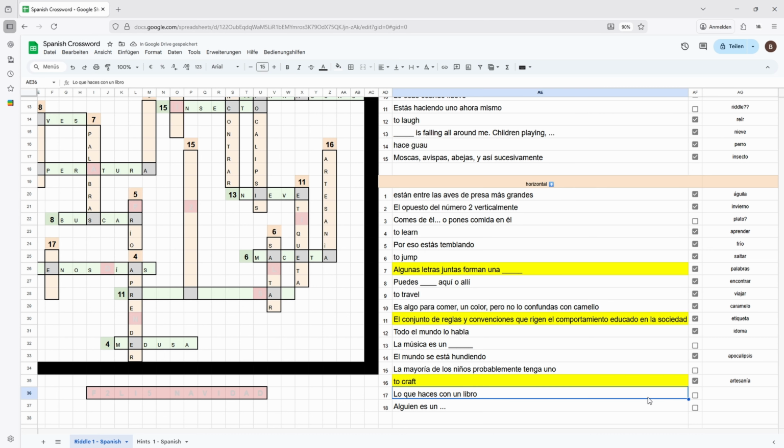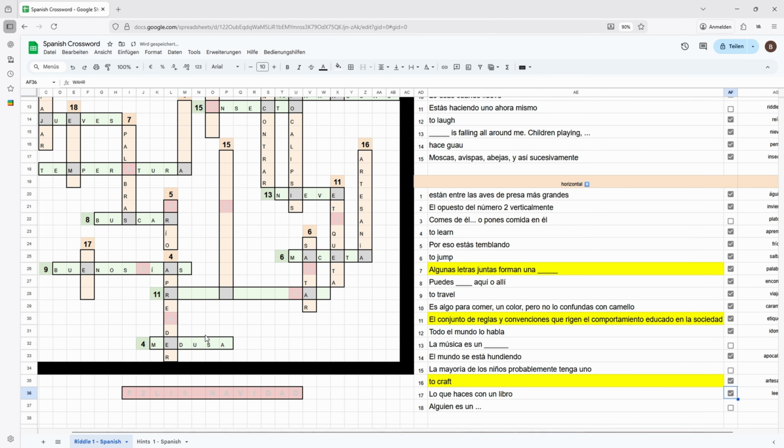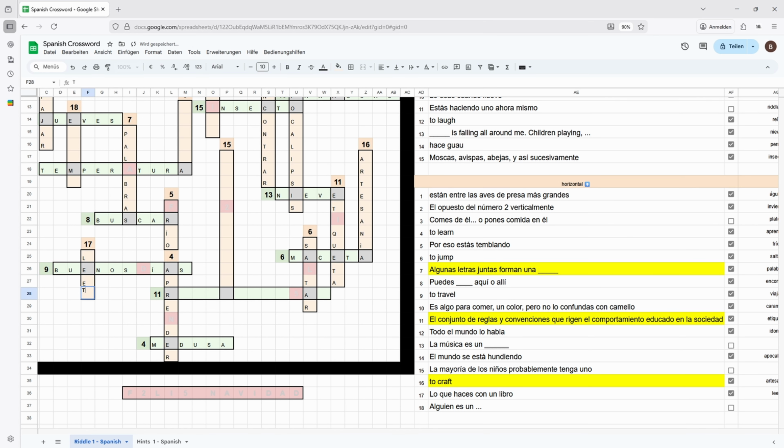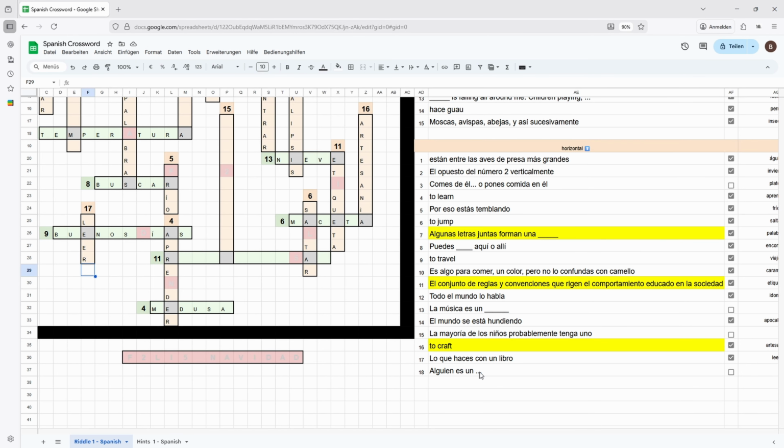Lo que haces con un libro? What do you do with a book? Well, you probably read it, so leer. Right? Or what would you do with a book? Then we have alguien es un. Somebody is a what?